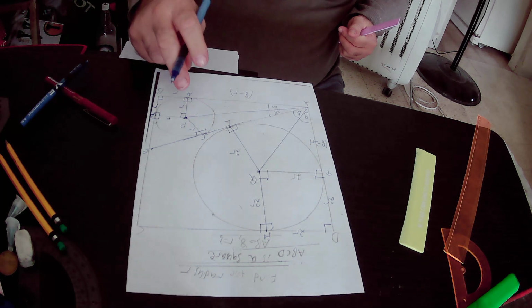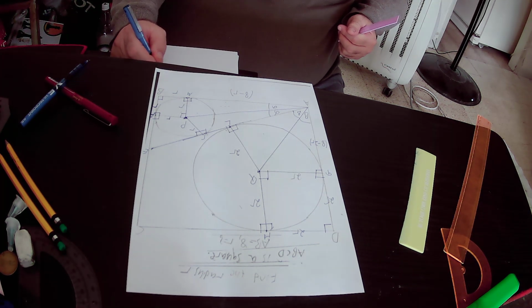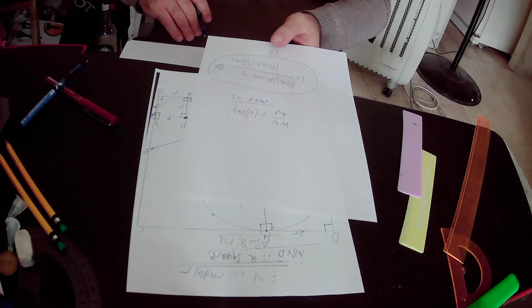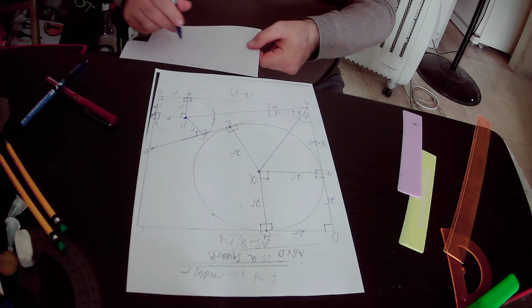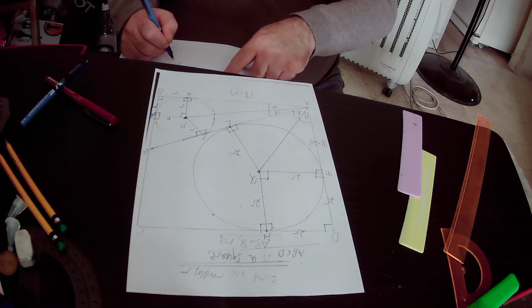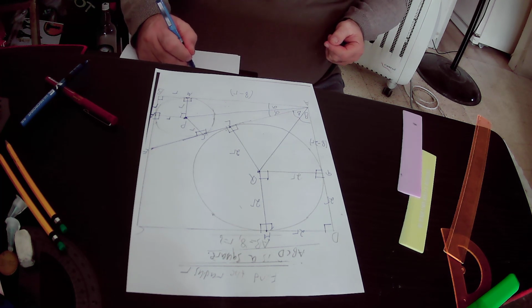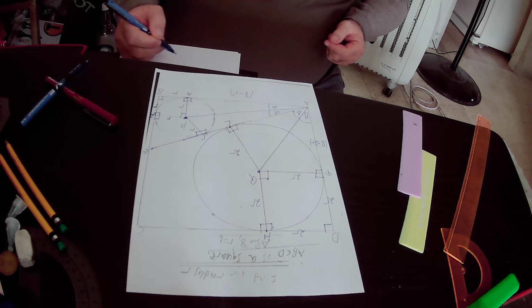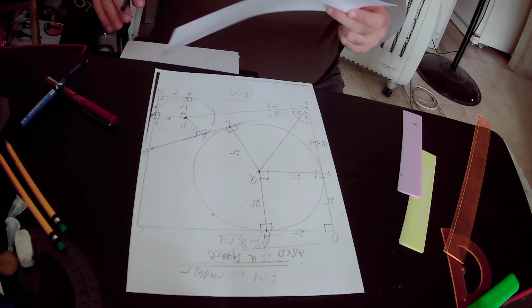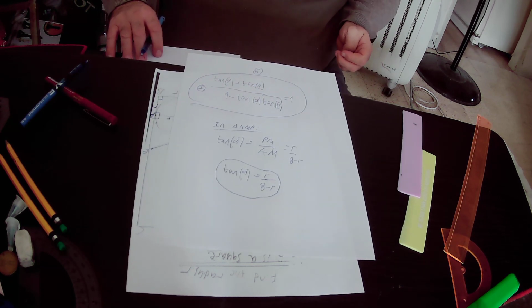That is to say, it equals PM over AM. But we know that PM equals R and AM equals 8 minus R. So we found the value of tangent alpha: tangent alpha equals R over 8 minus R.